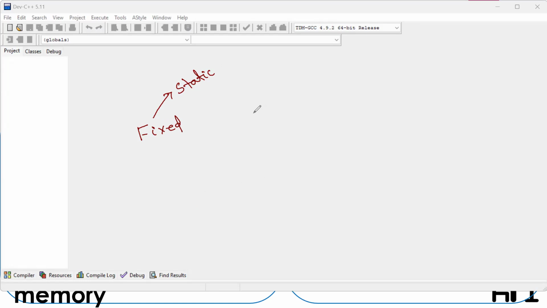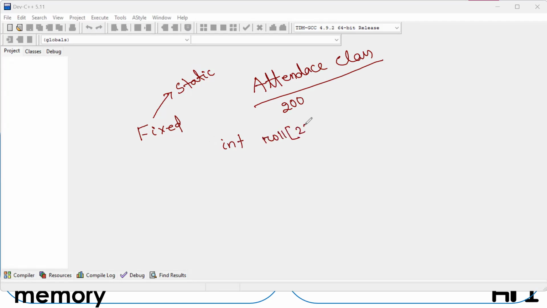For example, suppose we are managing the attendance of a particular class. Let's consider 200 total students are there in this class. So how to allocate the memory? Obviously, we have to declare one array where I write int rollnumber[200].